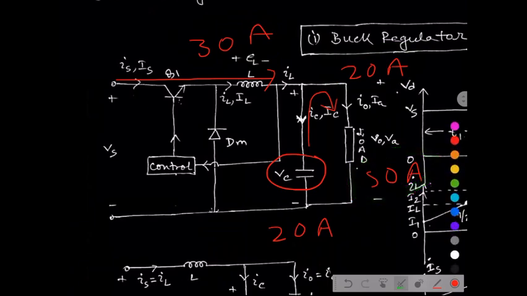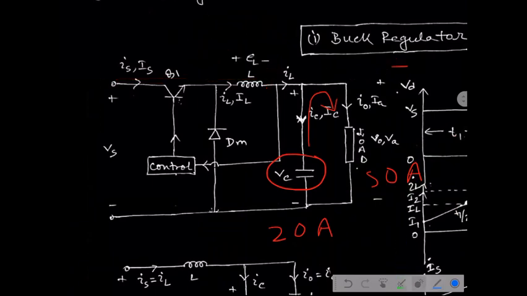Now go to the next condition, where the inductor current is maximum and has reached suppose 70 ampere. Then what happened?